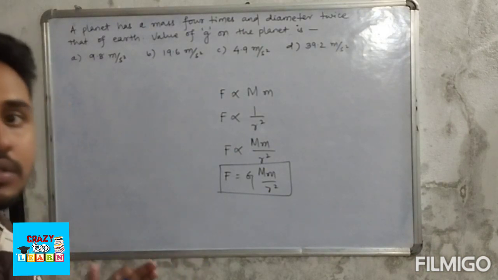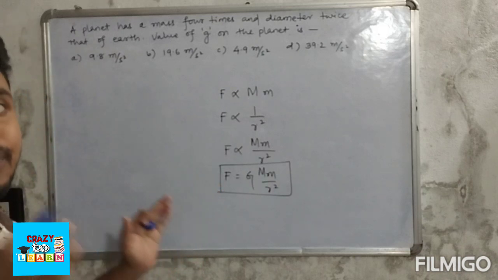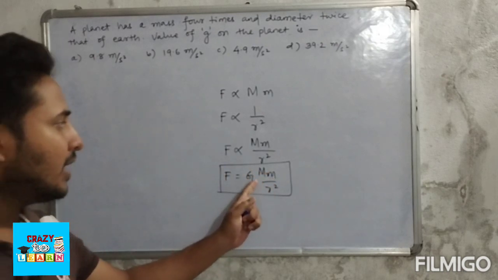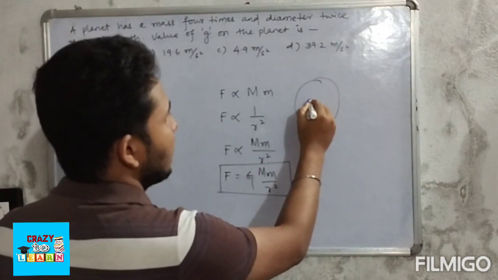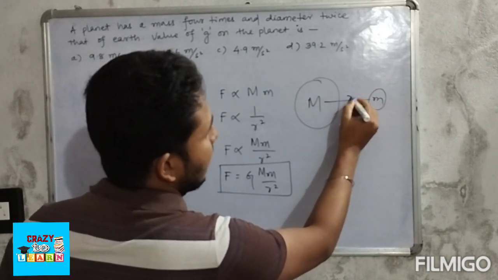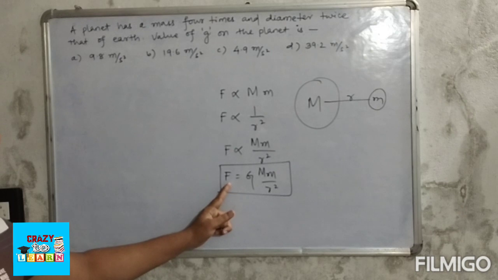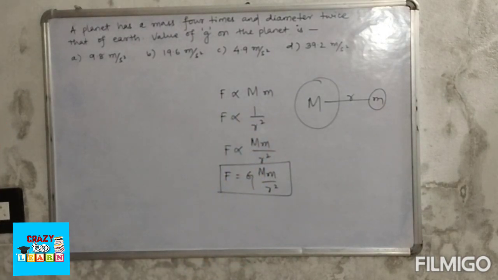So finally, according to Newton's law of gravitation, the gravitational force of attraction between two bodies is F equal to G M m by r square, where capital M and small m are the masses of the two bodies, and r is the distance between the two objects.